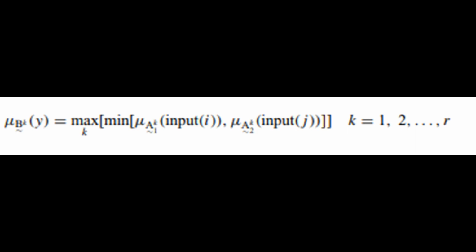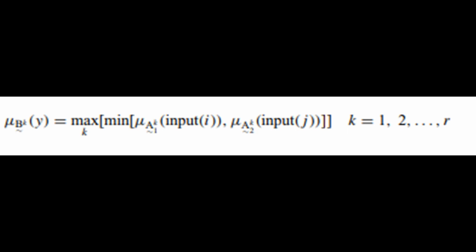Using this min operation, we choose a particular output of that fired rule, and on the outside you are seeing a max operation. It means that whatever rules are fired, we finally combine all these rules. That is, the final fuzzy output is the max of min of membership grades.